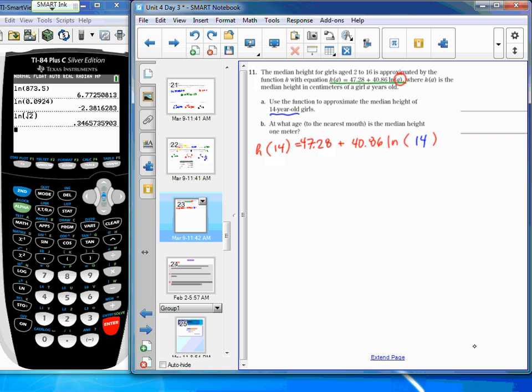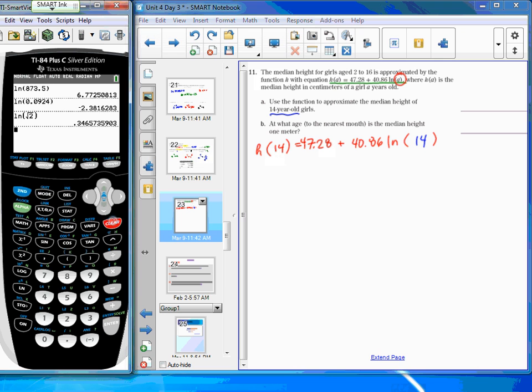So we'll go ahead and do a straight evaluation, paying attention to the units in context. So it looks like 47.28 plus 40.86 times the natural log. Remember, we've got a button for that. Everybody find your natural log button.